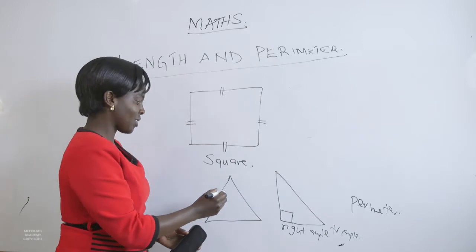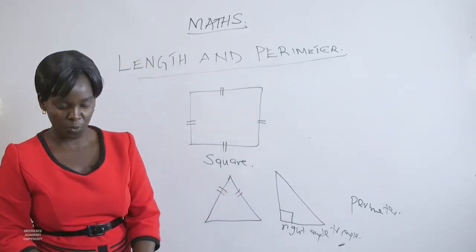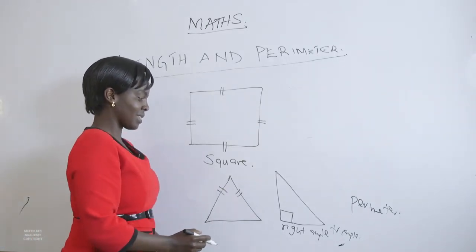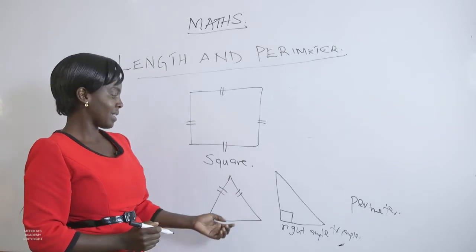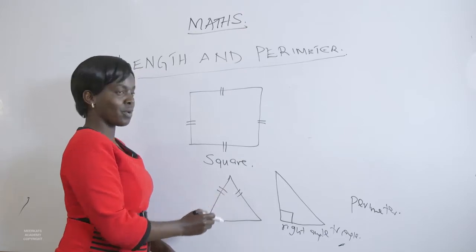We also have an isosceles triangle. An isosceles triangle has two sides equal, and to show that two sides are equal, you must indicate by markings, two dashes or one, but they must be the same on both sides.